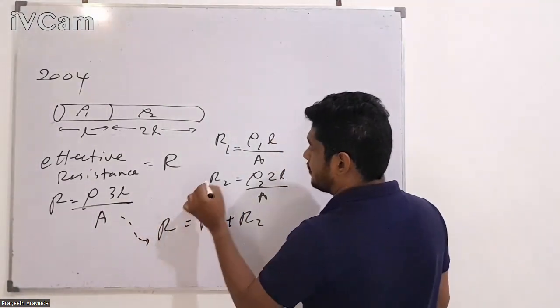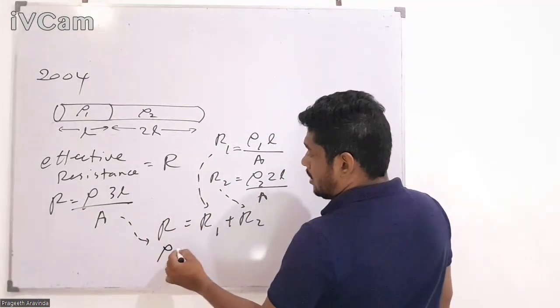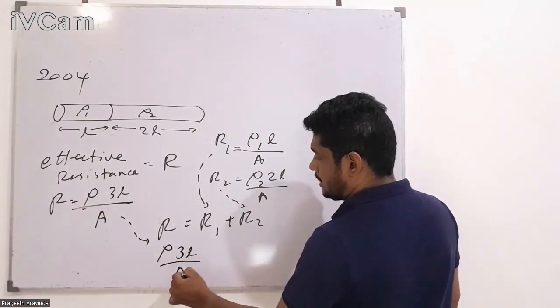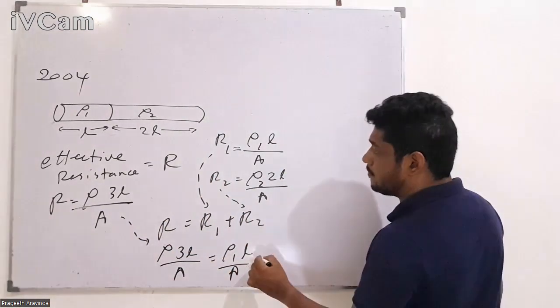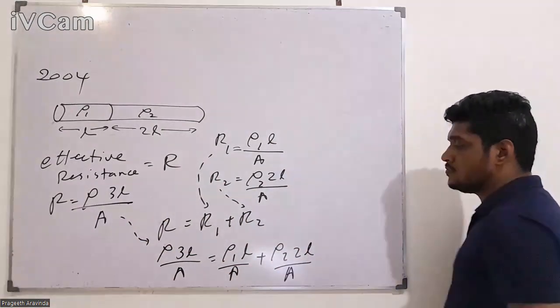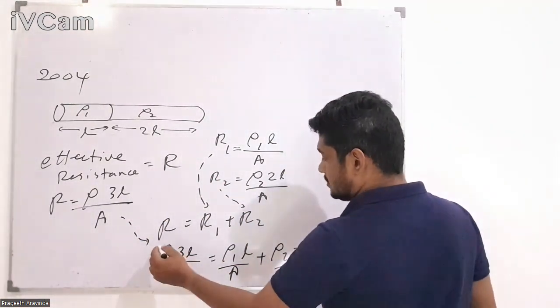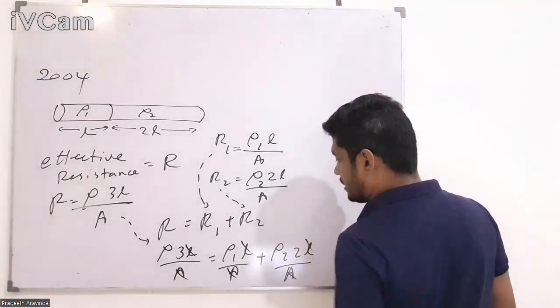So R equals rho 1 L over A plus rho 2 2L over A. මේක කට් කරගත්තාම L එක කට් කරගත්තා, A කට් කරගත්තා.